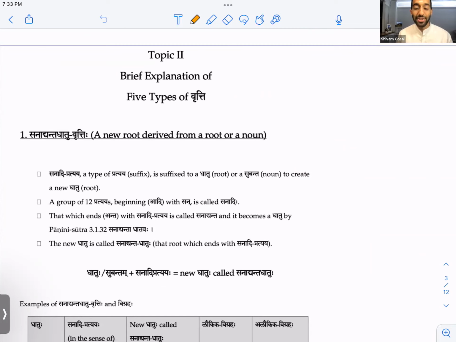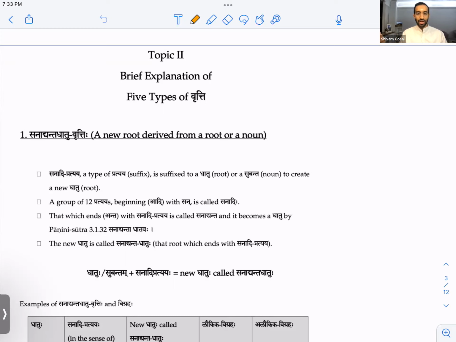So we're talking about Panchavritti, right? We're in this new book, book 3, Panchavritti, these 5 types of derived words. These derived words either come from a new dhatu or a new pratipadika.